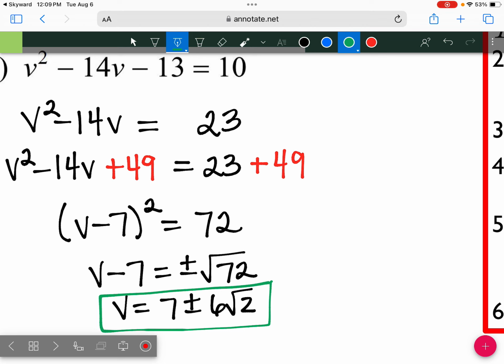So it was a 10. So you gotta add 13. That's a 10. Let's just not take that yet. Okay, I got that.